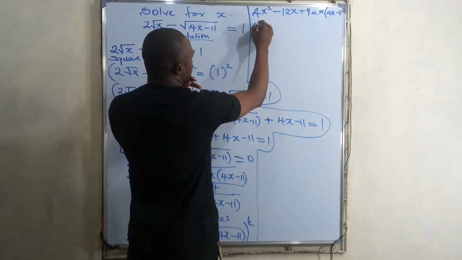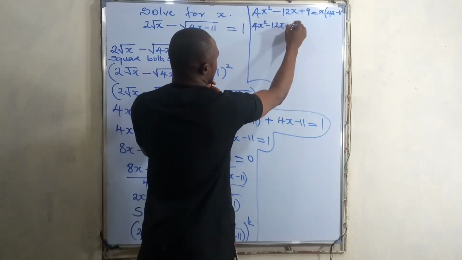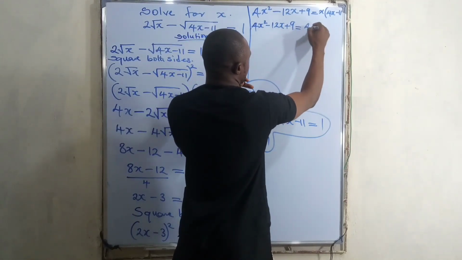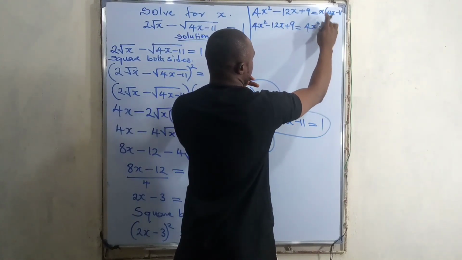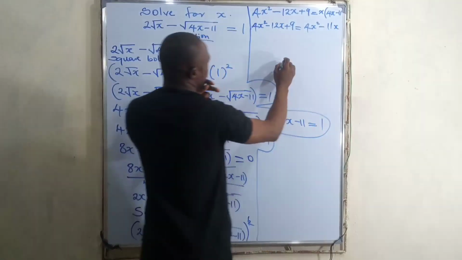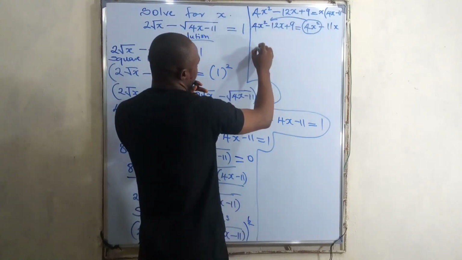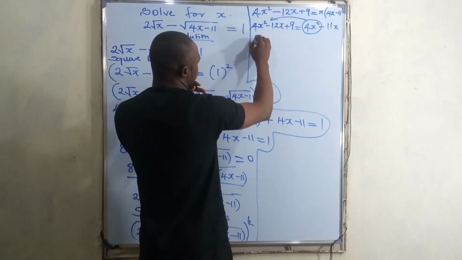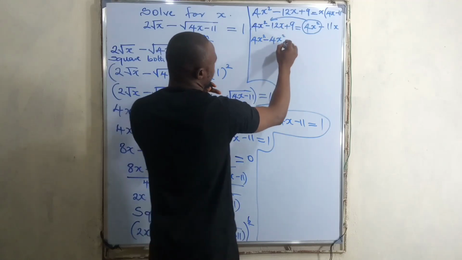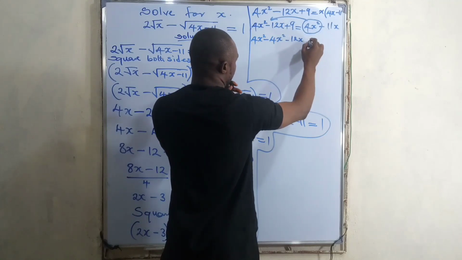So now 4x squared minus 12x plus 9 is equal to x multiplied by 4x gives us 4x squared. And x again multiplied by minus 11 gives us minus 11x. All right. So the next thing is to take 4x squared from the right hand side to meet the other 4x squared at the left hand side. So we have 4x squared minus 4x squared, then minus 12x because that 12x carries a minus sign.